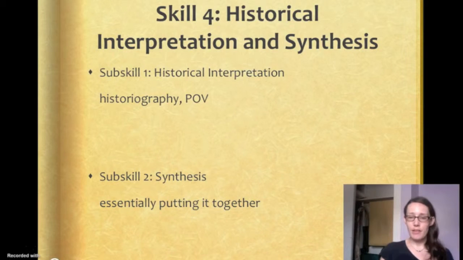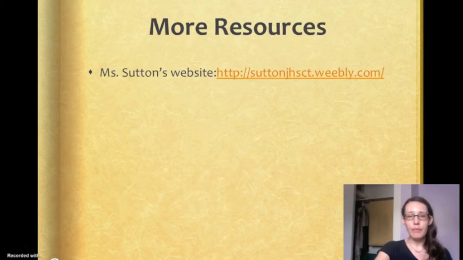What's their bias? The last one is synthesis. Synthesis is essentially a conglomeration of all these different historical thinking skills. The idea behind synthesis is that you need to use all these different skills in order to fully analyze and understand a given historical era. That may sound vague, but we'll talk about it much more throughout the year.